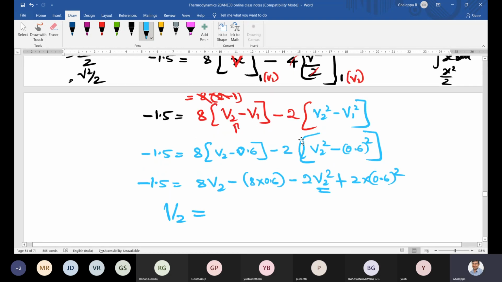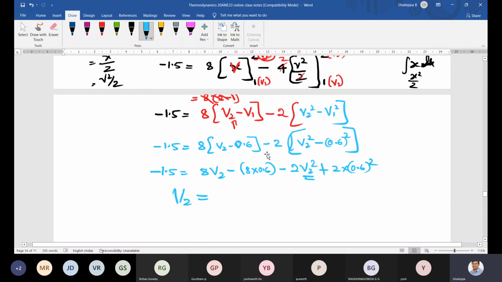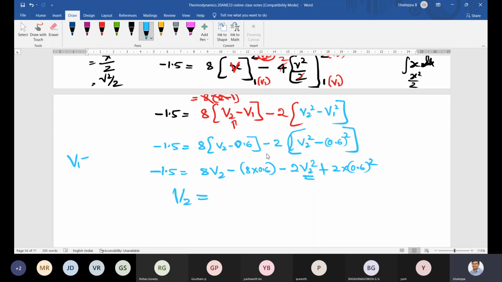Okay. My question is, the value of V2 should be more than V1 or less than V1? V1 value is 0.6 as given. After calculating, this value of V2 should be more than V1, or it should be less than V1? Less than V1.